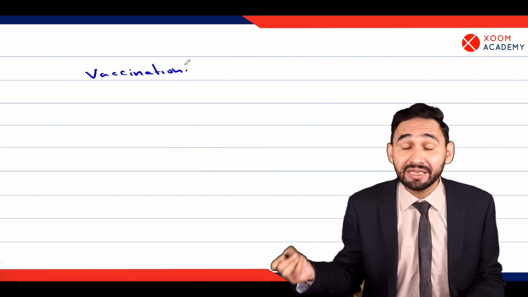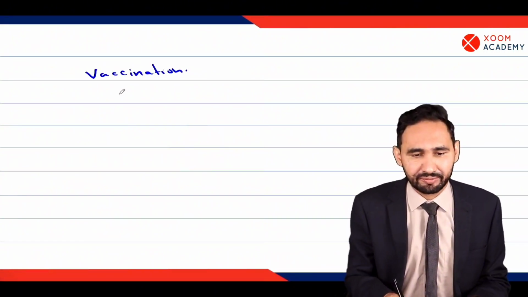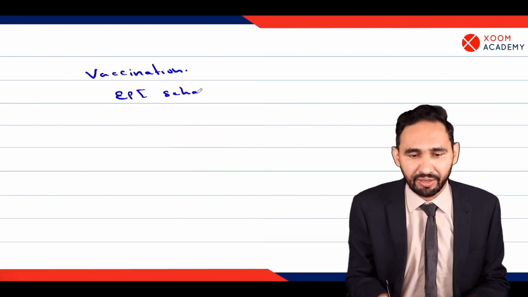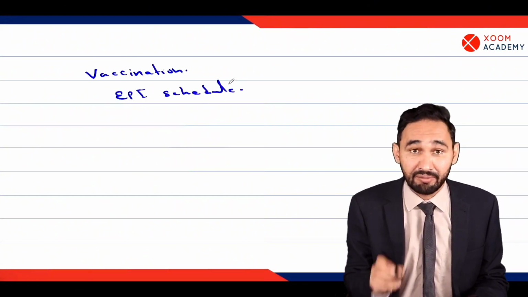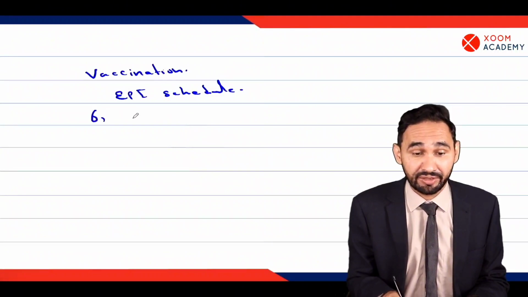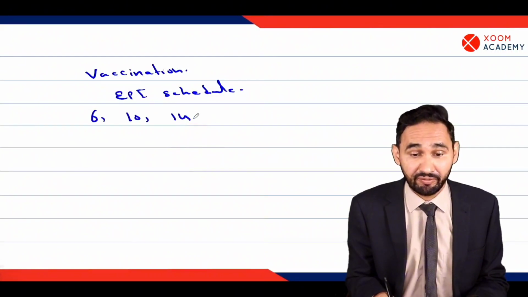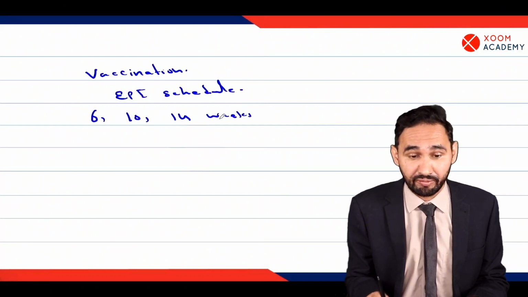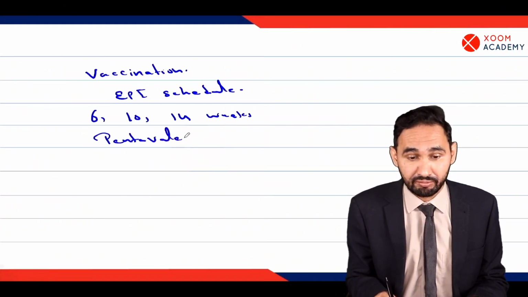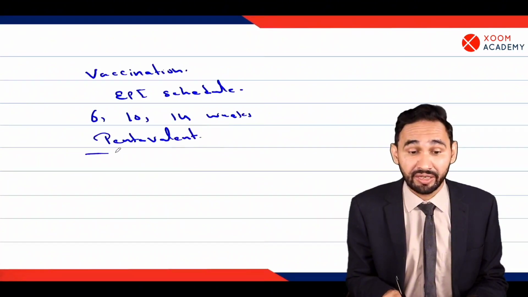Diphtheria vaccine is added in the EPI schedule. This is a common university question: when is diphtheria vaccine given to children? Remember this, it is given at 6 weeks, 10 weeks and 14 weeks in the form of pentavalent. What does pentavalent contain?